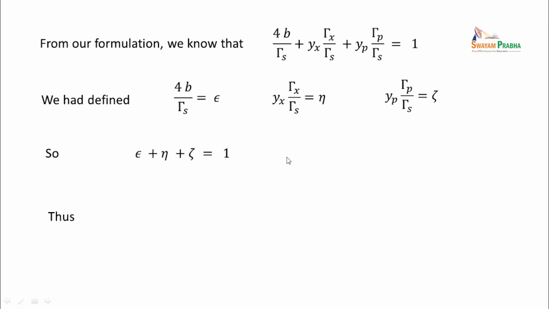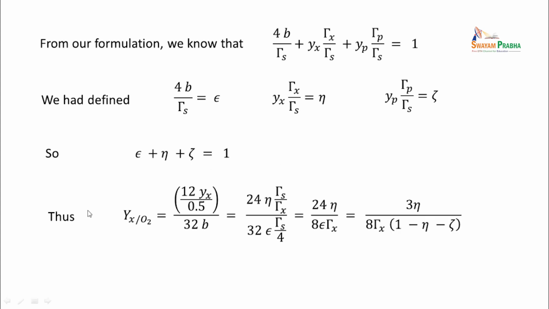Just repeating this. Thus, Yx/O2, we have already seen, is mass of cells by mass of oxygen, 12 Yx by 0.5 times 32b. 12 by 0.5 is 24. Yx from here is nothing but eta gamma S by gamma X. That is what I have done here.